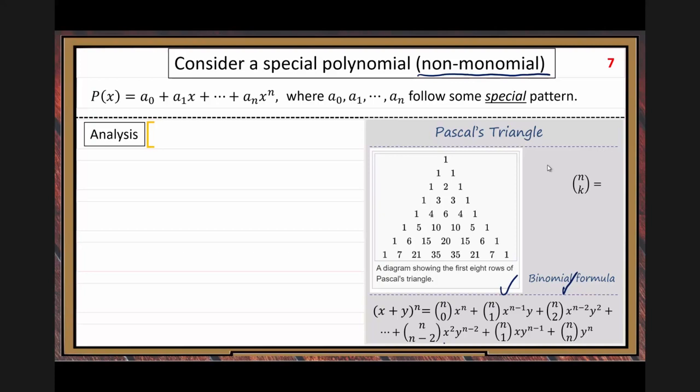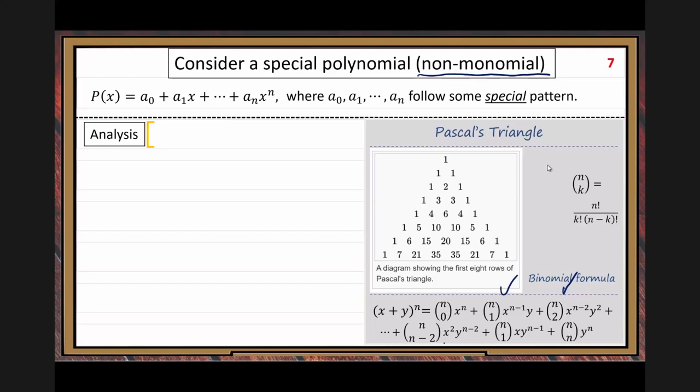It's called n choose k. The definition is this fraction: n factorial over the denominator k factorial times n minus k factorial. That's the definition of these combinatorial numbers.